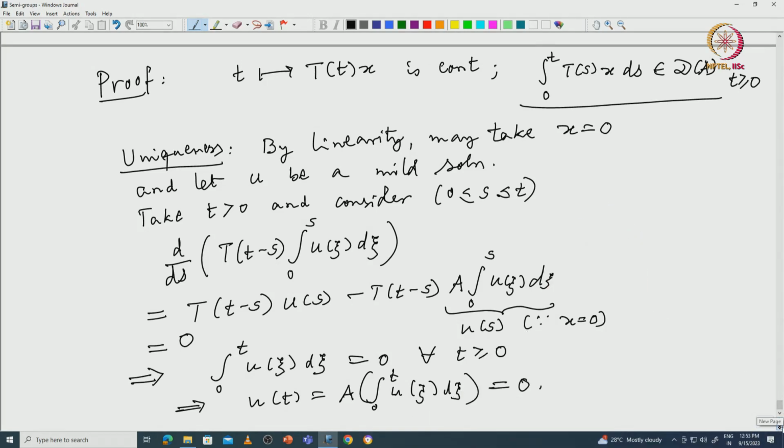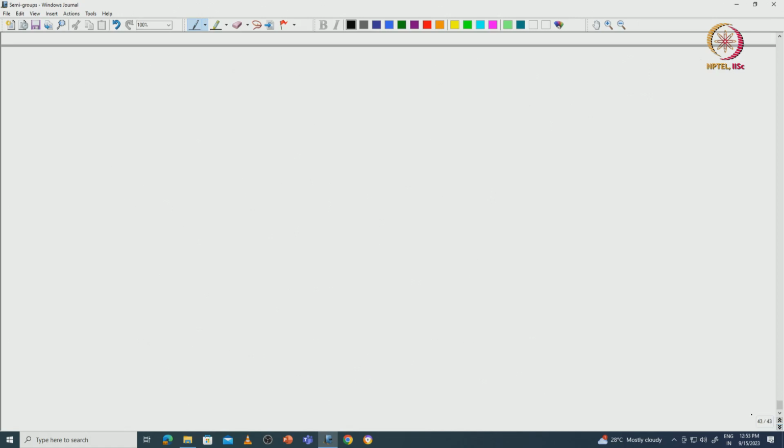So if A generates a semigroup, then we know how to construct the mild solution. But the converse we are not going to study here; the converse we are going to study for the strict solution. Okay, so now we confine ourselves to strict solutions.